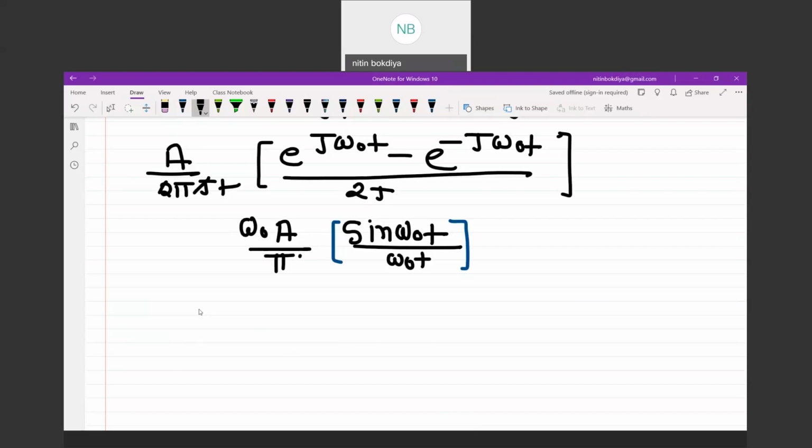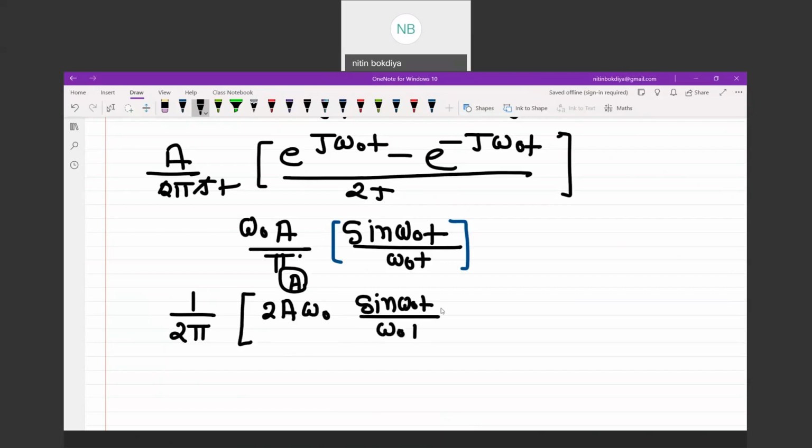It's a 1 by 2 pi outside. Just multiply this by 2 into a into omega naught. So you can say this is the area of the pulse, and sine of omega naught t, the same idea as you have in your frequency domain expression. And this is the inverse Fourier transform.